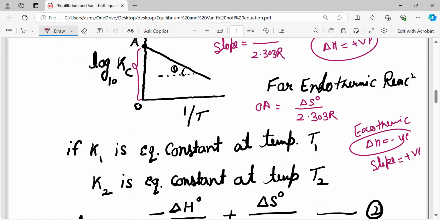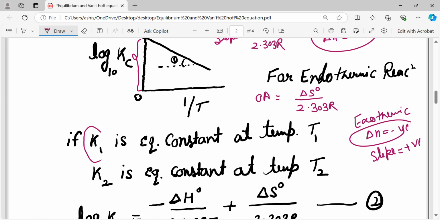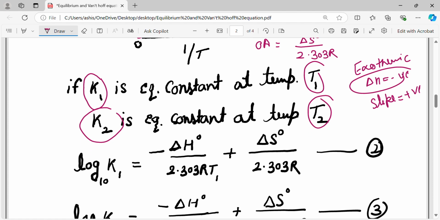For a reaction, if K1 is the equilibrium constant at temperature T1 and K2 is the equilibrium constant at temperature T2, then we can write two equations like log base 10 K1 is equal to minus delta H naught upon 2.303 RT1 plus delta S naught divided by 2.303 R.